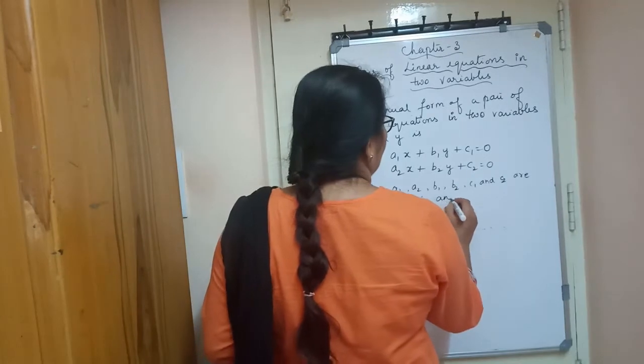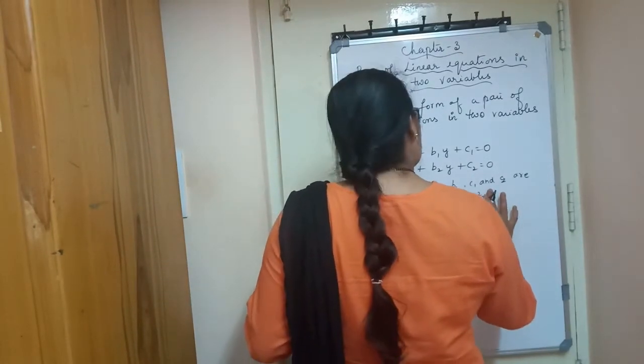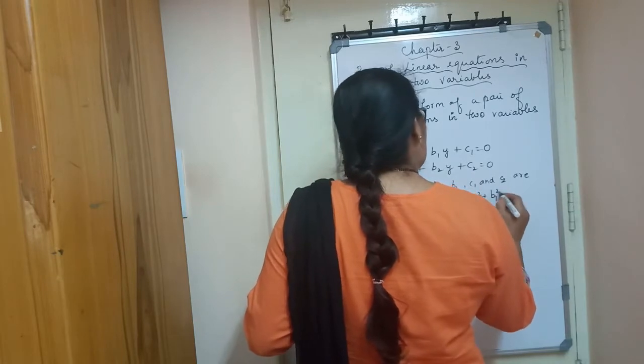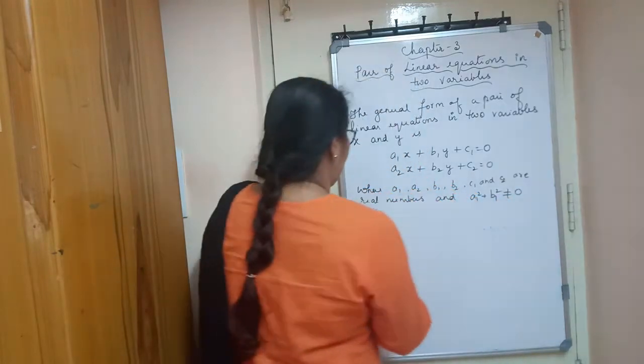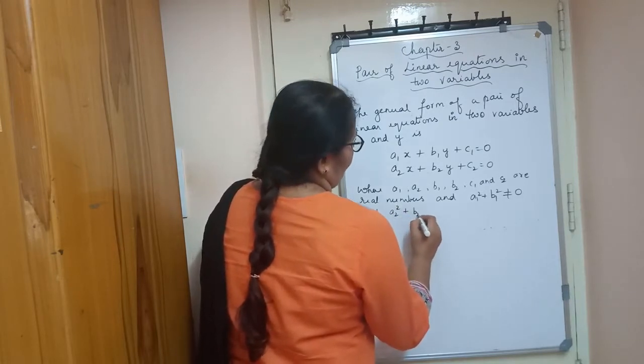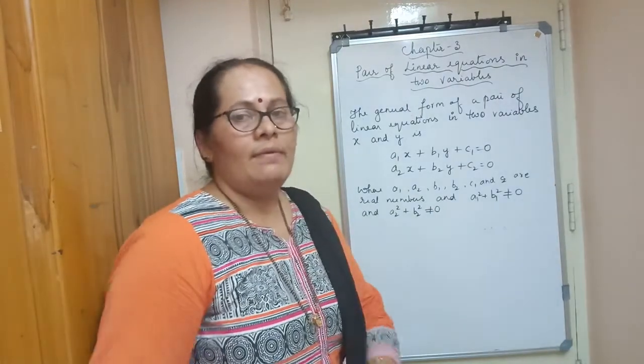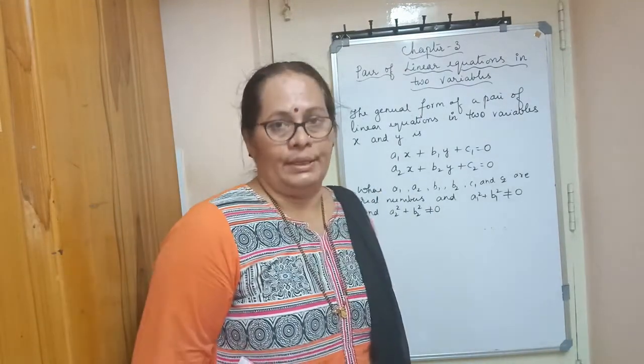And a1 square plus b1 square is not equal to 0, and a2 square plus b2 square is not equal to 0. This condition is very important. This should not be 0.